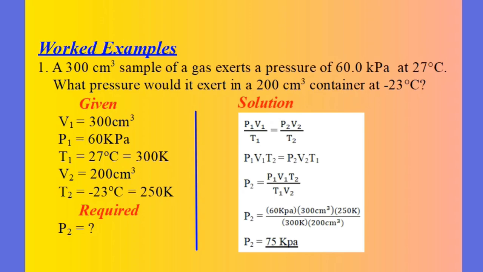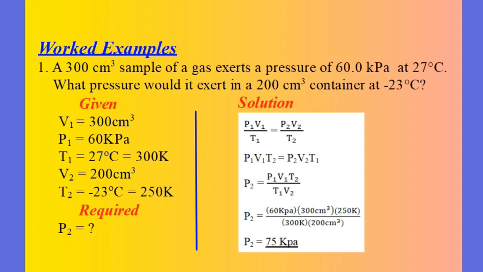The initial temperature T1 is 27 degrees Celsius, which is equal to 300 Kelvin. And as you remember from the previous lesson, we use the Kelvin scale to do all calculations which involve gases.